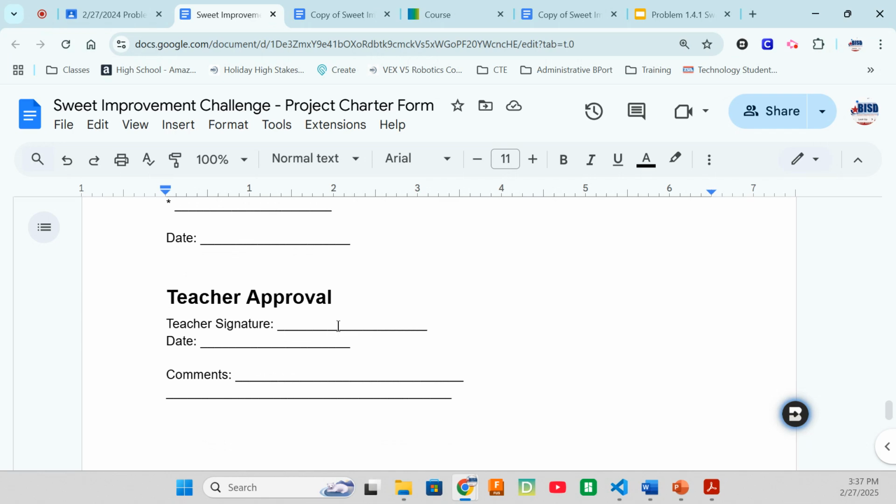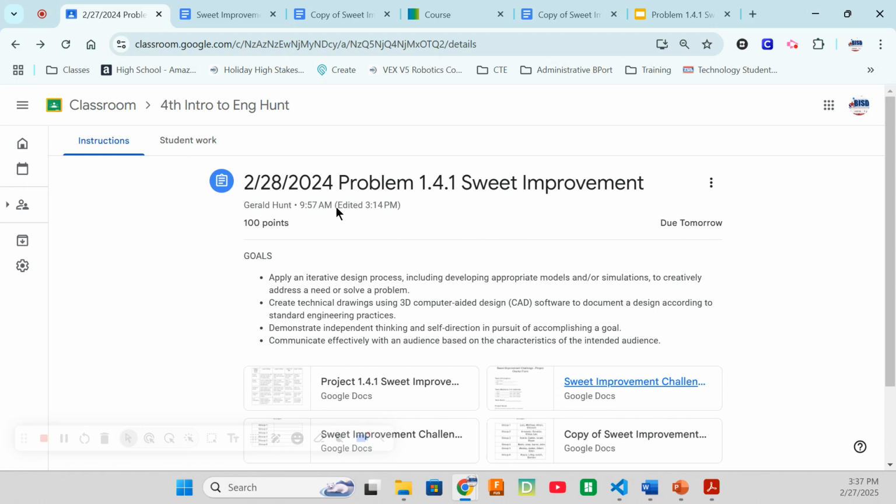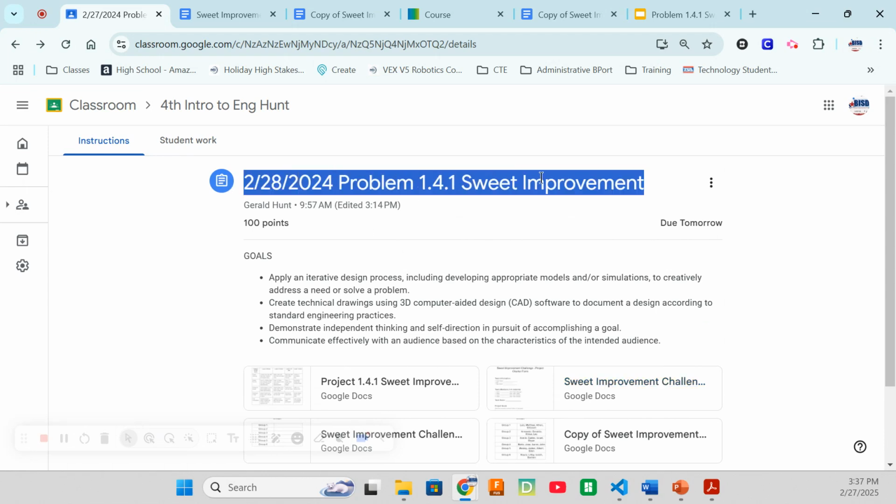Again, this form would need to be uploaded to the 228 assignment by Monday, and this will be a grade. If you or your group members have any questions, just send me an email.